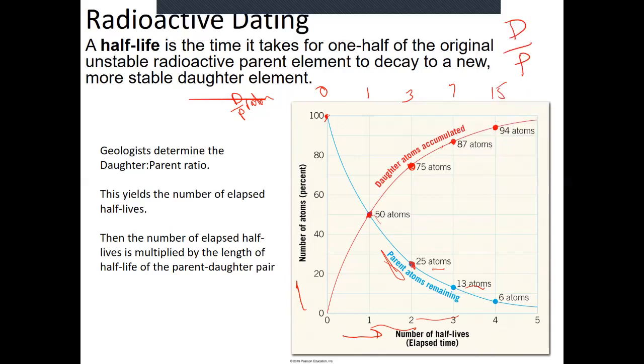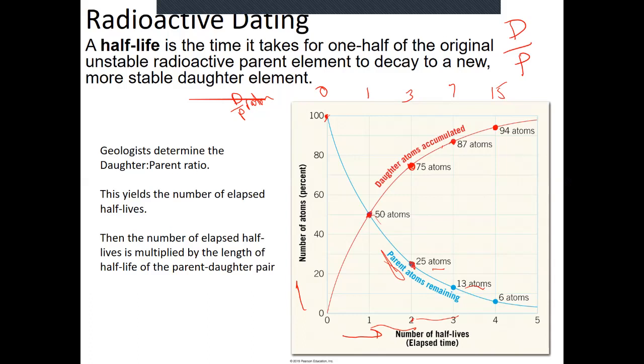So since the half-life of uranium-235 to lead is about 700 million years, let's say the sample said that we had 3 to 1 daughter to parents. That tells us that 2 half-lives have elapsed.